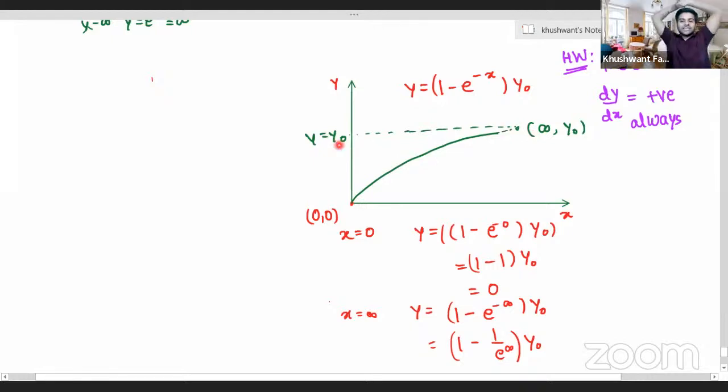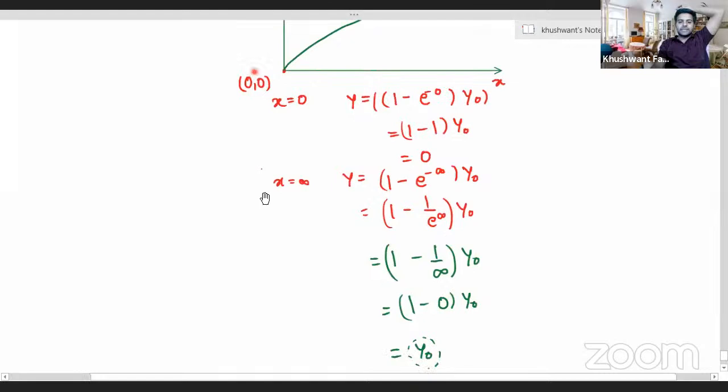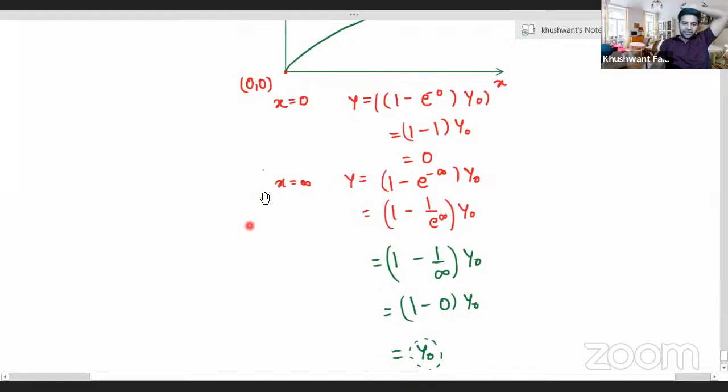How many of you are clear? Let me know quickly. If this next curve is also clear, quickly raise your hands. If there is any doubt, ask me. Everybody, take a screenshot. 5, 4, 3, 2, 1.